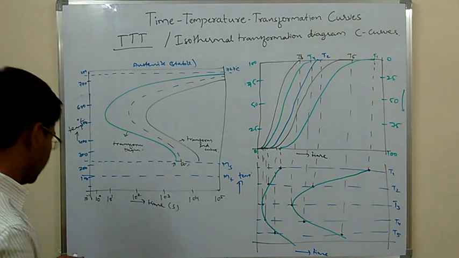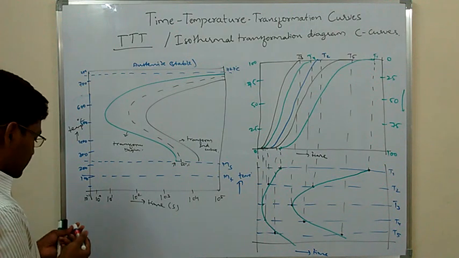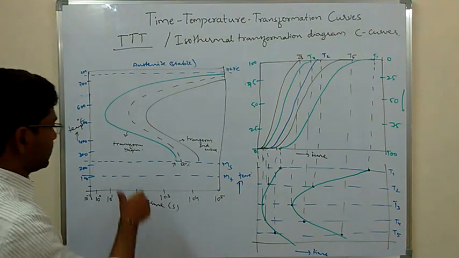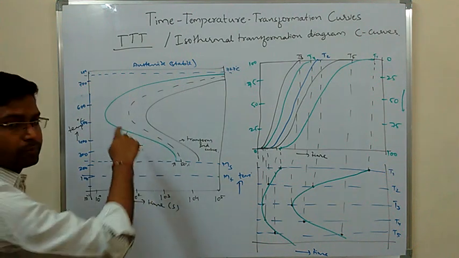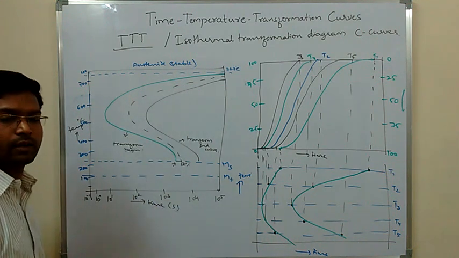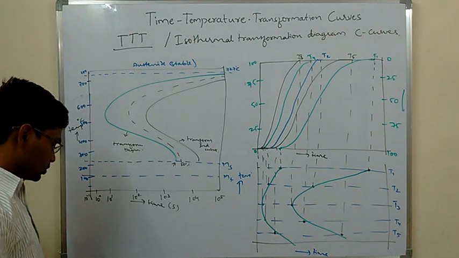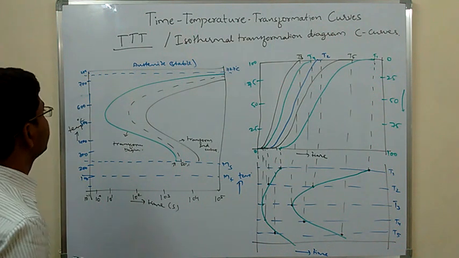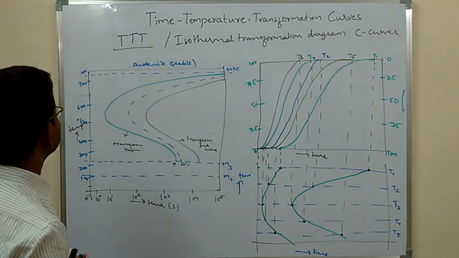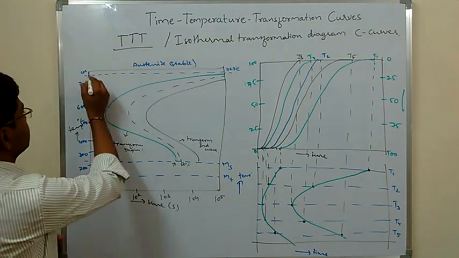Now I will explain in detail at what temperature the pearlitic structure, fine pearlite, coarse pearlite, bainitic region and martensitic region we will get. Approximately the pearlitic range temperature will be between 727 degrees Celsius and 540 degrees Celsius.